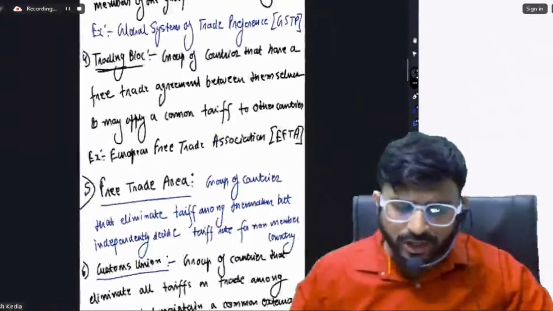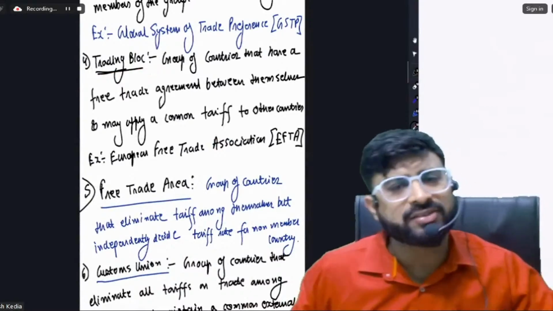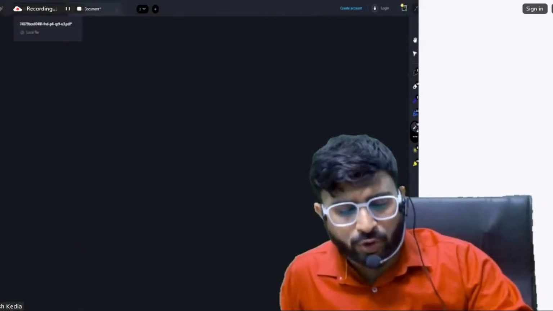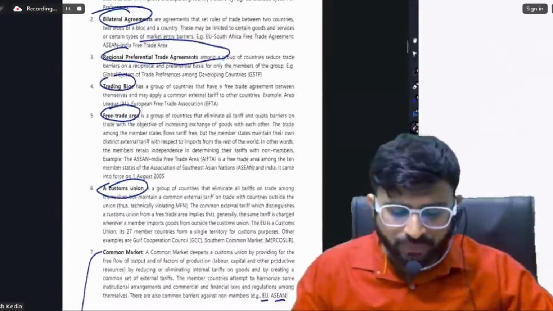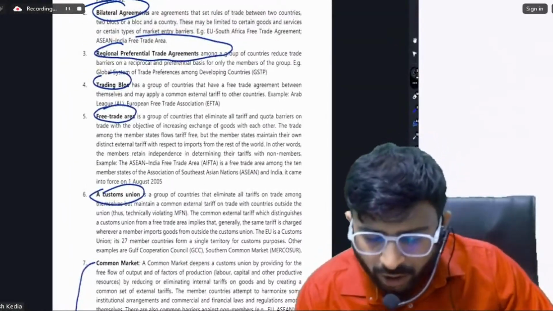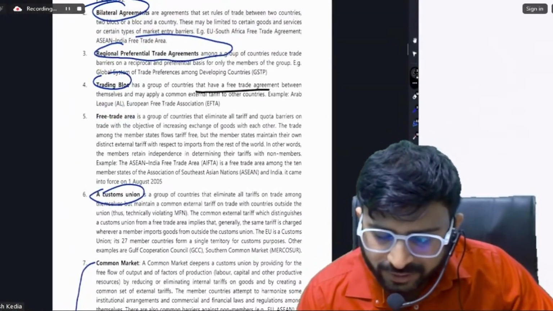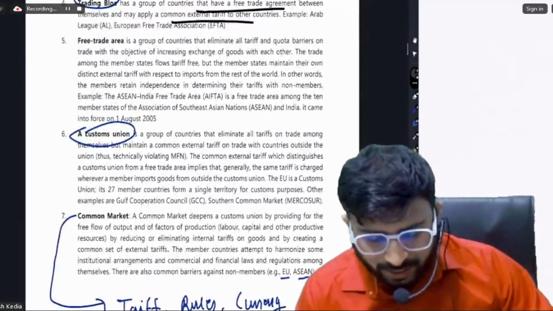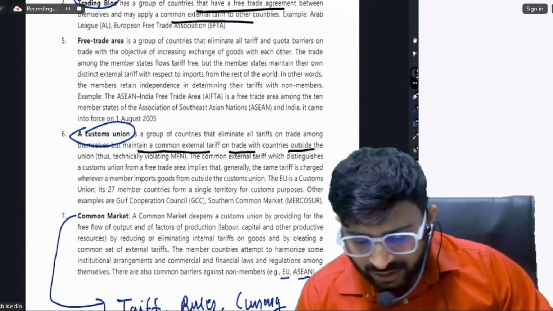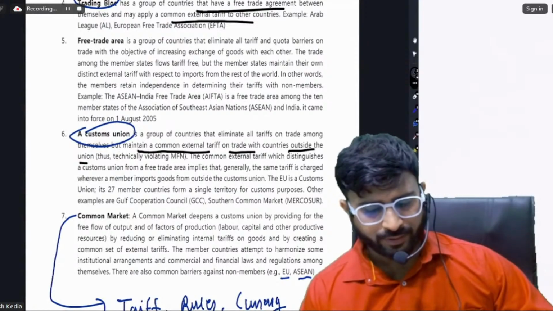I told you, between trading bloc and customs union there is no difference as such. People are asking, sir, what is the difference between this and this? Trading bloc has countries that have a free trade agreement between themselves and apply a common tariff to other countries, while customs union is the same: members maintain a common tariff on trade with countries outside the union.